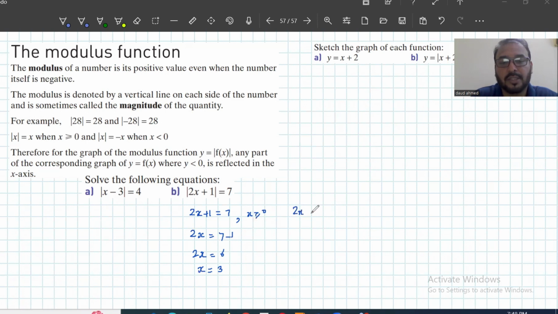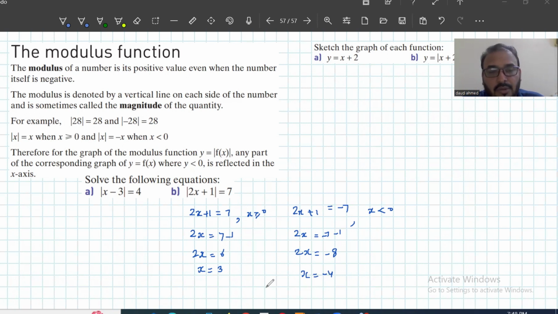And one time we can say that 2x plus 1 is equal to -7. In this situation, x is less than 0, and we have 2x equal to -7 -1. So 2x is equal to -8, which is x equal to -8 divided by 2, which is -4.